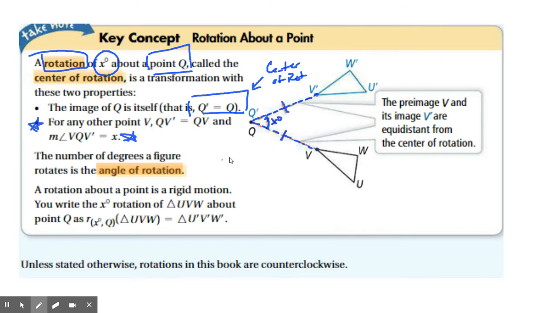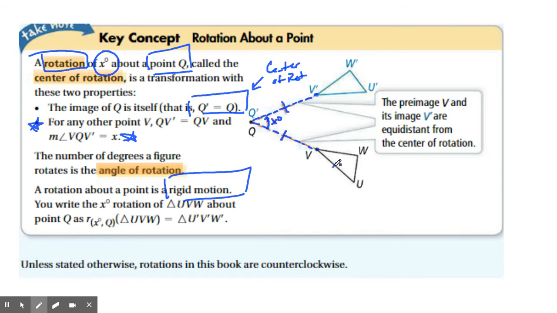Now, most of our stuff will be done on the coordinate plane in increments of 90 degrees, but you can do generic rotations in space. Again, you need an angle of rotation and a center of rotation. We have our idea of being a rigid motion. If you look at these two pictures, the two triangles are congruent.